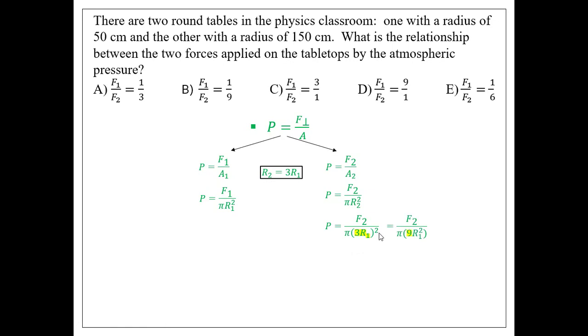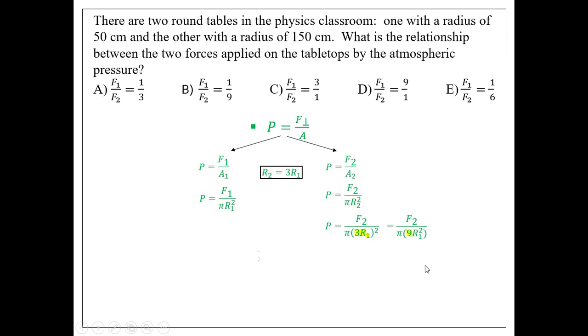So if you think about it, 3 squared is 9, and then R1 is just R1 squared. Hence, that's where this 9 comes from, because 3 is squared. Then the R1 is also squared because the exponent is outside the parentheses. So make sure you distribute the exponent correctly to both terms. So as you can see here, I have a statement. Pressure is equal to F2 divided by pi times 9 times R1 squared.